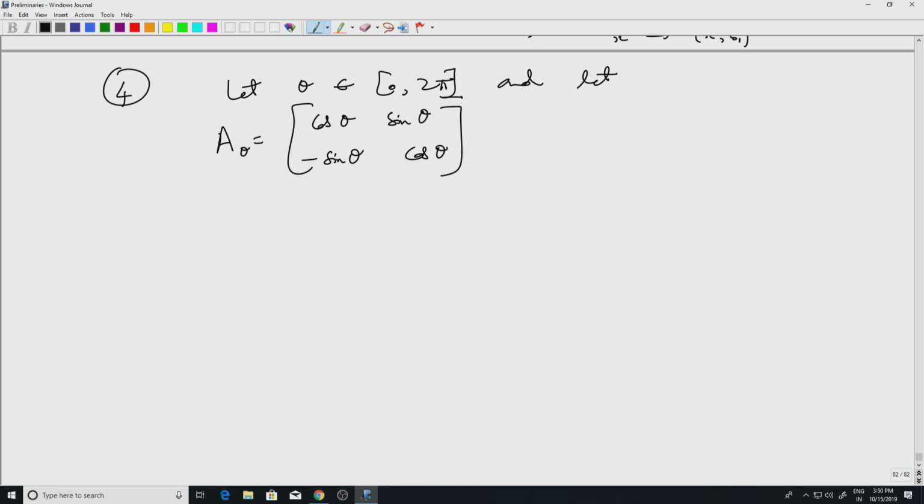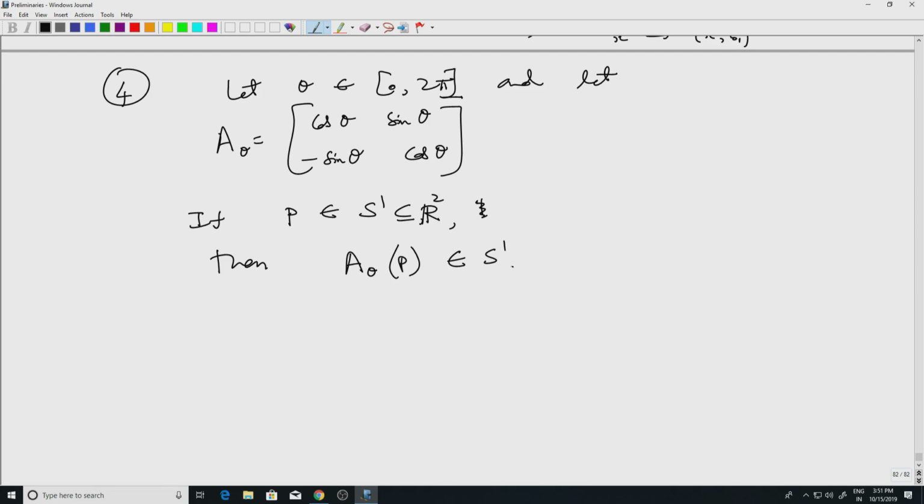Now if P belongs to S1, regarded of course as a subset of R2, then A theta of P also belongs to S1.